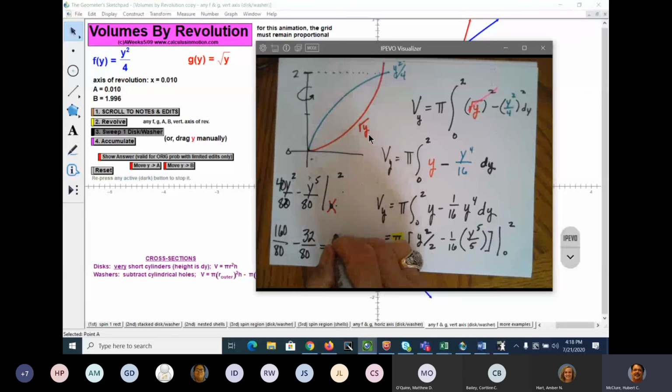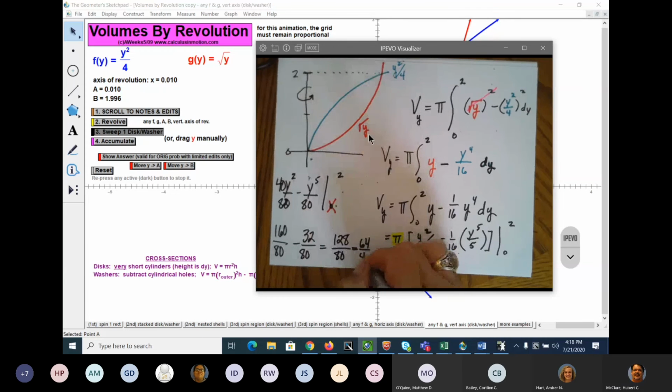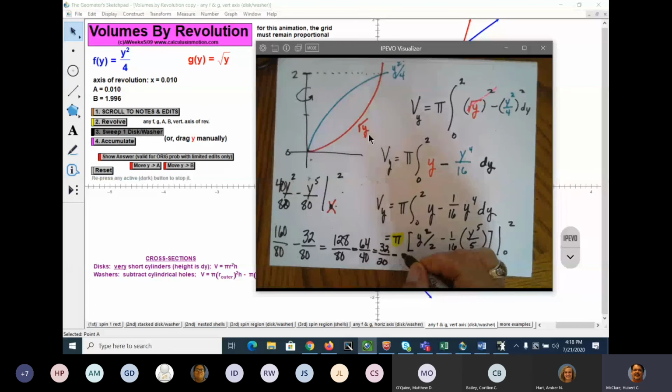Somebody check me. Which is equal to 64 over 40, which is equal to 32 over 20, which is equal to 16 over 10, which is equal to 8 over 5. That's right. So I get 8 pi over 5.